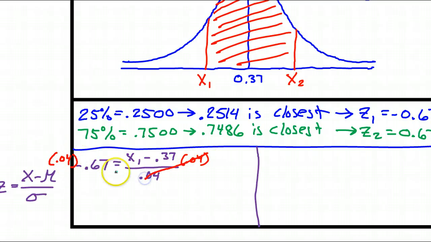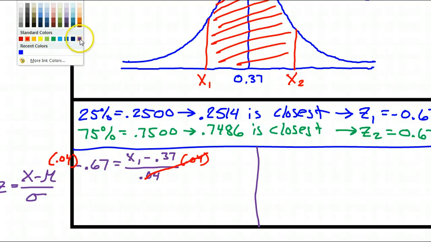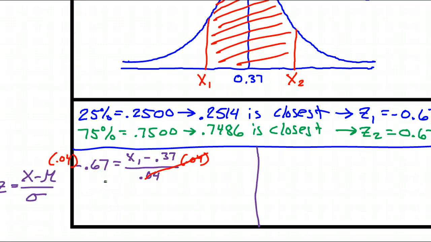So these cancel out. 0.04 times negative 0.67 is negative 0.0268. So that equals x1 minus 0.37.